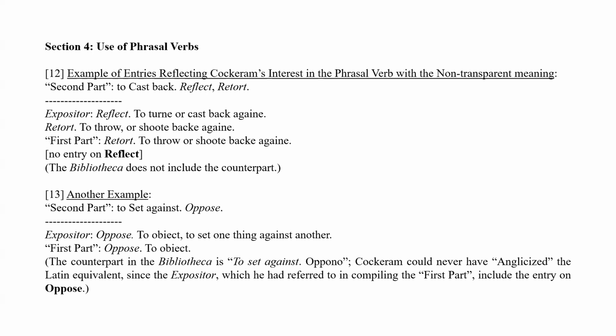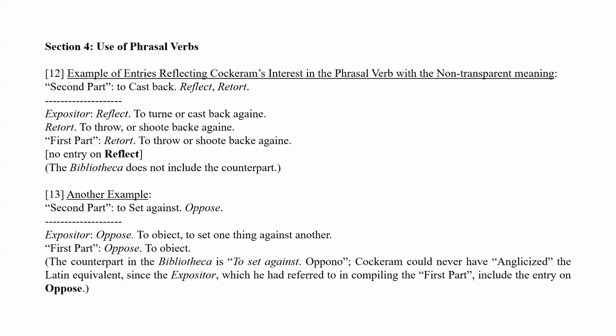That is, Cockeram's way of modifying the definitions in the Expositor and the first part reflects his interest in idiomatic phrases, especially phrasal verbs. Concerning nearly half of the head phrases in the second part of my analysis, specifically 67 head phrases out of 139, they are or include phrasal verbs.